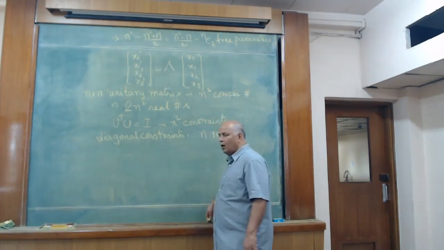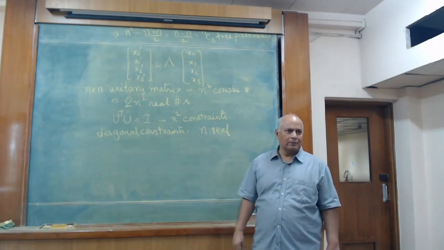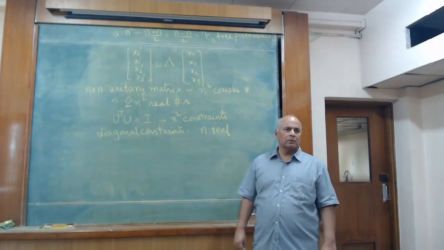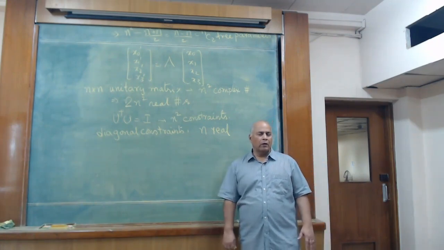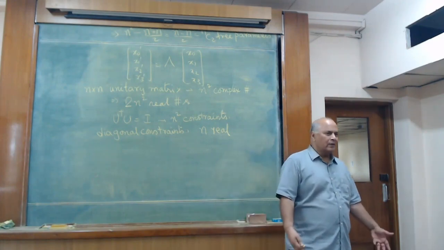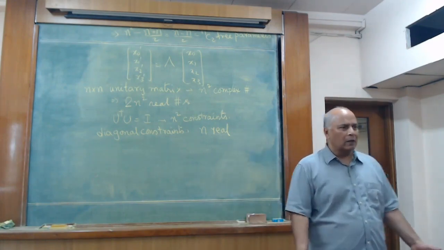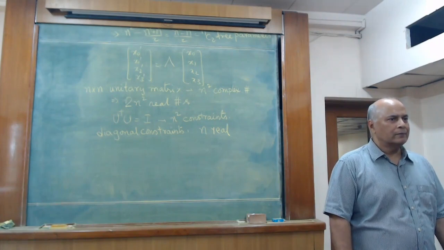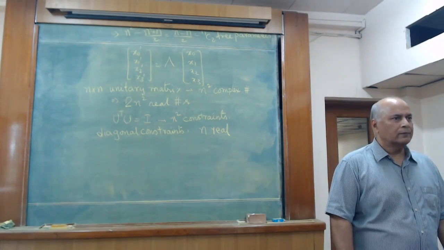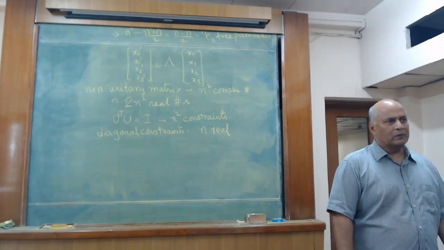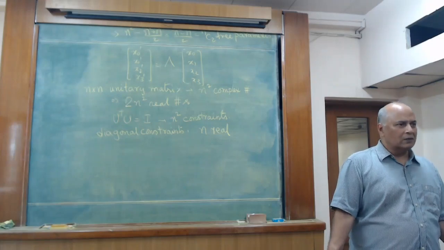And off diagonal, n square minus n off diagonal constraints, but are they independent? Yeah, they are complex conjugates of each other.